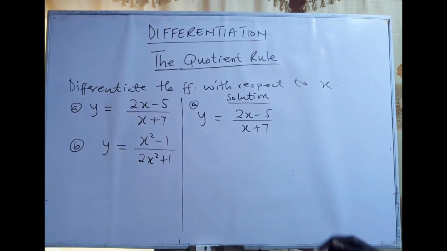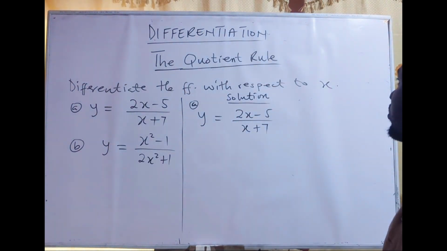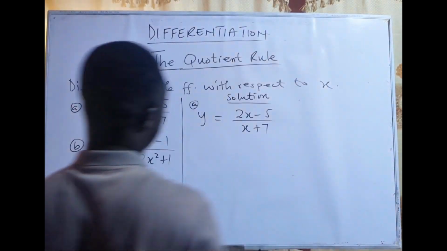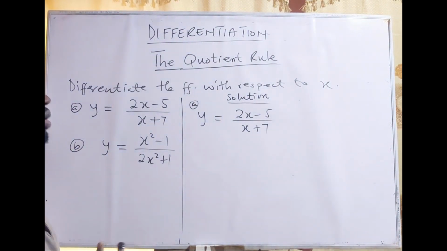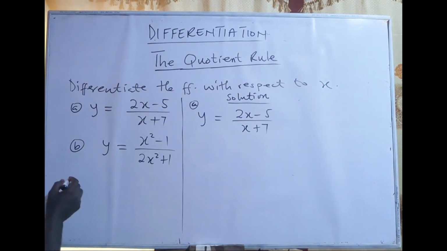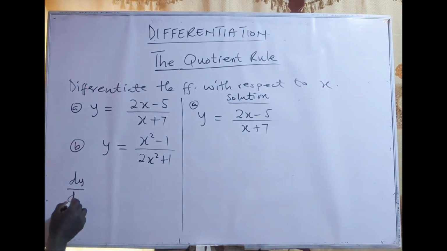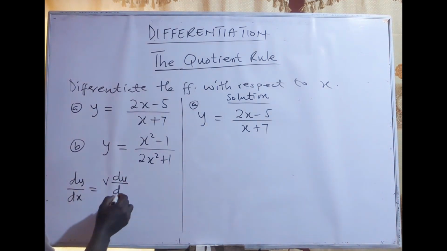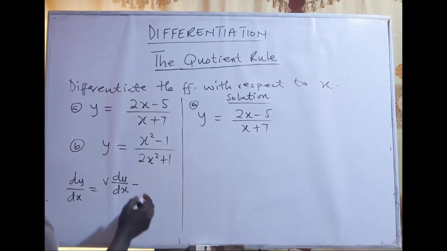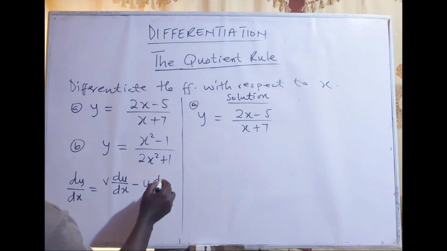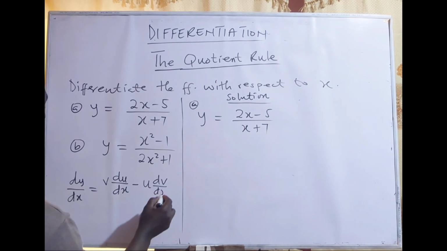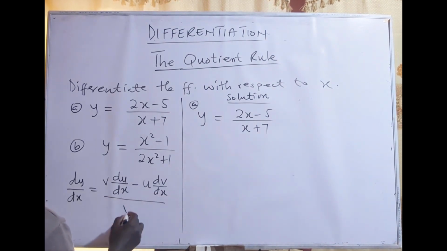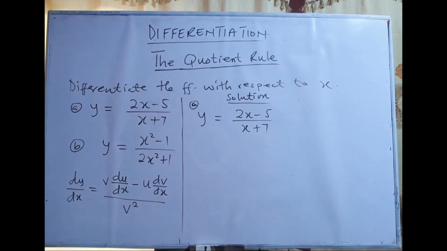From our formula using the quotient rule, we say that dy on dx is equal to v du dx minus u dv dx, all over v squared. This is our formula that we are going to use.